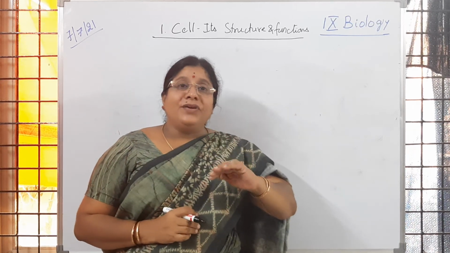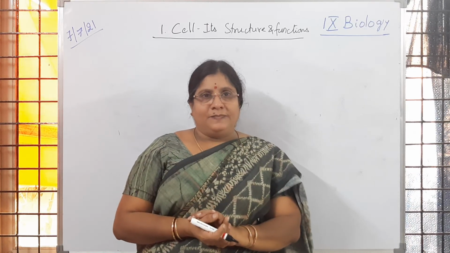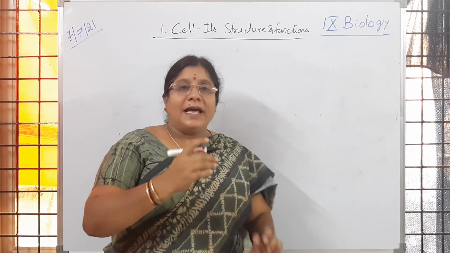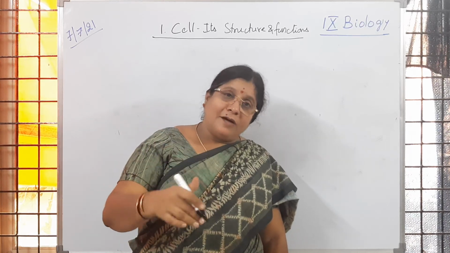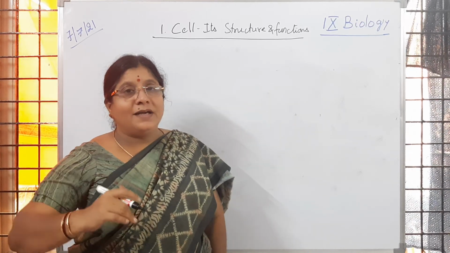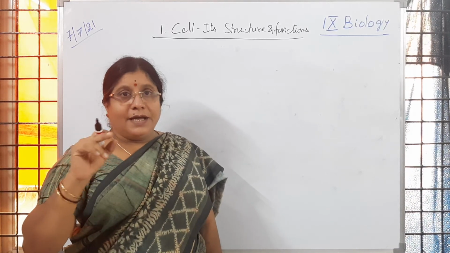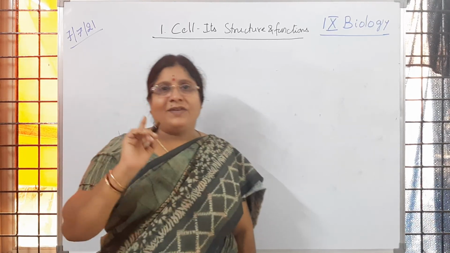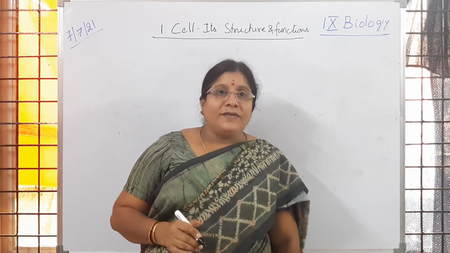Because Anthony van Leeuwenhoek prepared a single lens microscope. Okay, so with the help of that single lens microscope, or later Robert Hooke also prepared a microscope, and he observed cork cells and he gave the name that empty spaces as cell. So that is one important event in the area of biology.